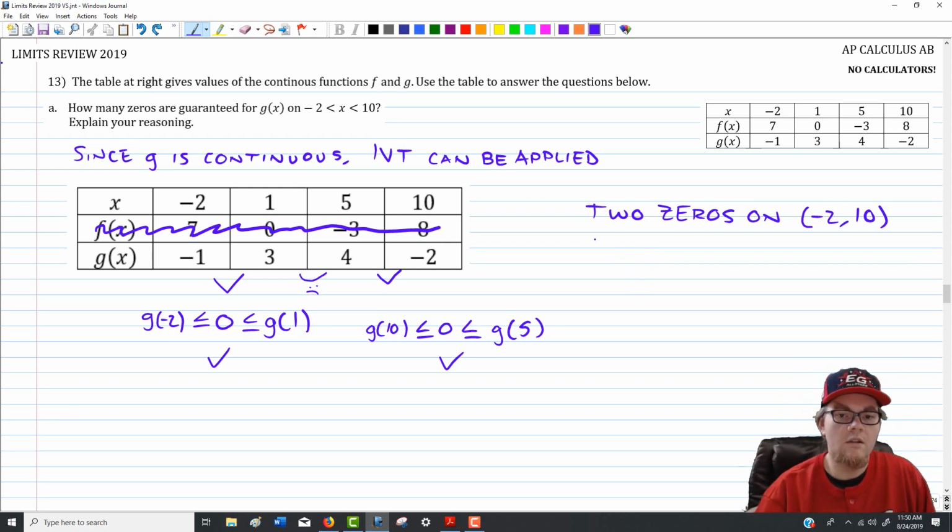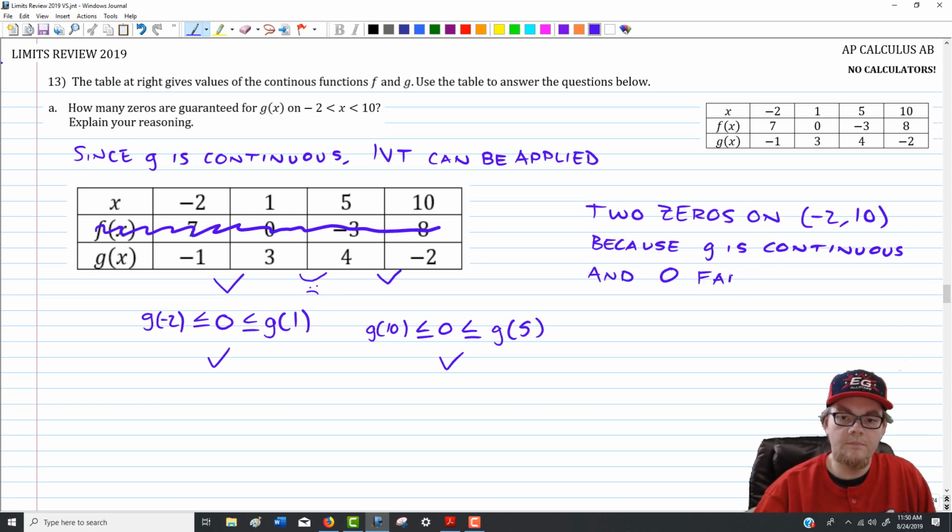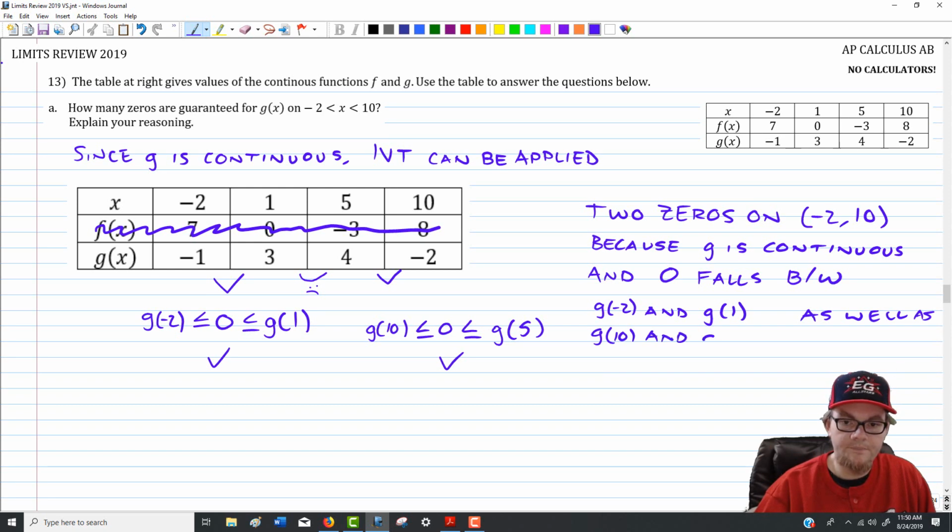So there are 2 zeros on here because, so our reasoning here is because g is continuous and 0 falls between g of -2 and g of 1, as well as g of 10 and g of 5. So basically there's one such explanation that could be there.